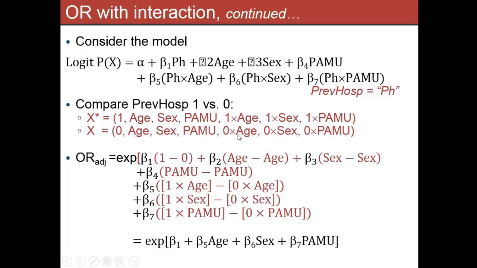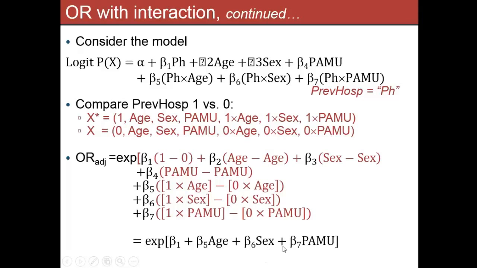And we do our same formula of e to the beta 1 times the difference. Okay, 1 minus 0, that's going to be a 1. This is going to be age minus age, that goes away, and so forth. And when you have 1 times age minus 0 times age, this is just age. This is going to be 1 times sex, that's just sex, minus 0 times sex, so just beta 6 times sex. So the whole thing simplifies to just this. I don't know if you're seeing there's a pattern, actually.